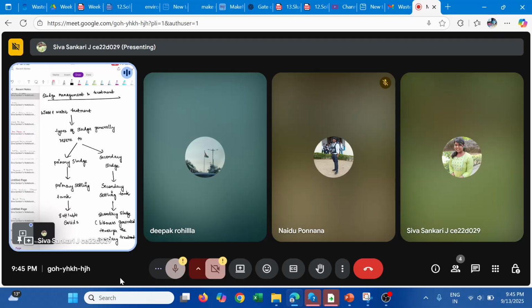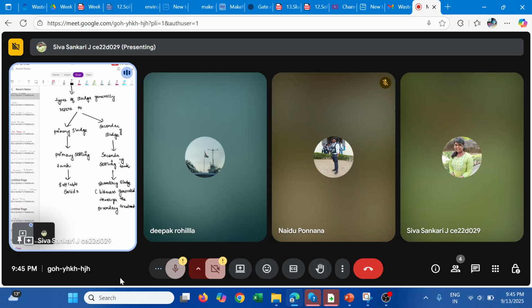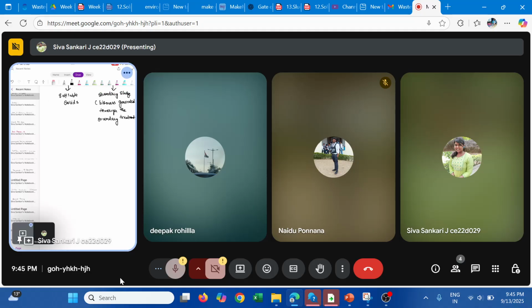Okay. So these are the basics of what types of sludge are generated. Now, in sludge, what is present? These are the two types of sludge, but in sludge as a whole, what will be present? Sludge contains water and it contains solids.